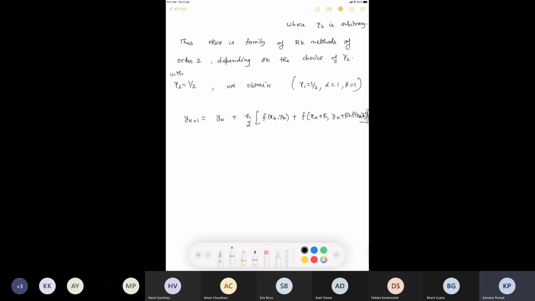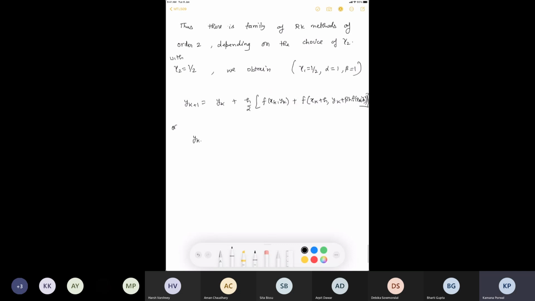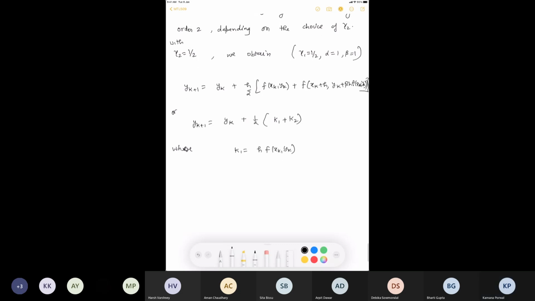But we can write this in a compact form. I can write y_{k+1} as y_k plus 1 by 2 times (k1 plus k2), where I'm defining k1 as h times f of x_k, y_k, and k2 is going to be h times f of x_k plus h, y_k plus, so you can observe you will get this term which is nothing but k1.